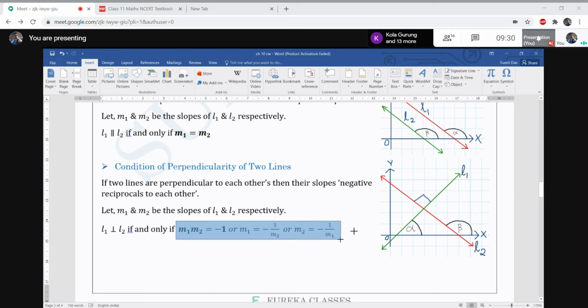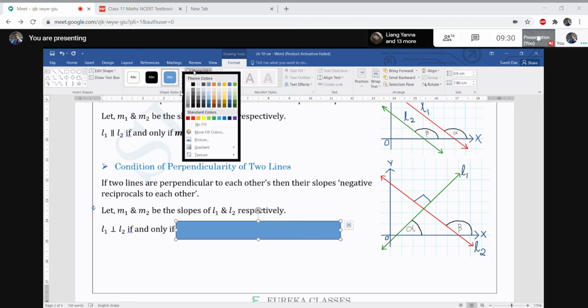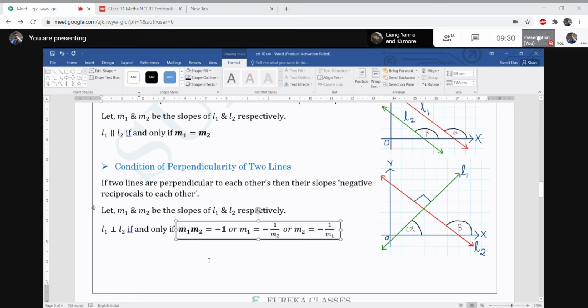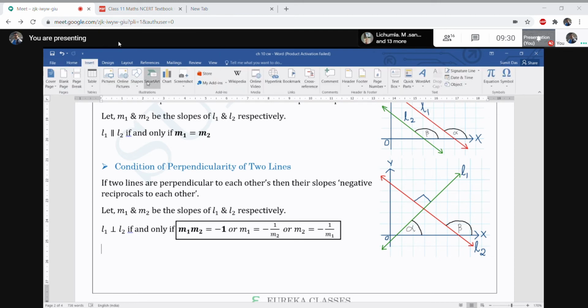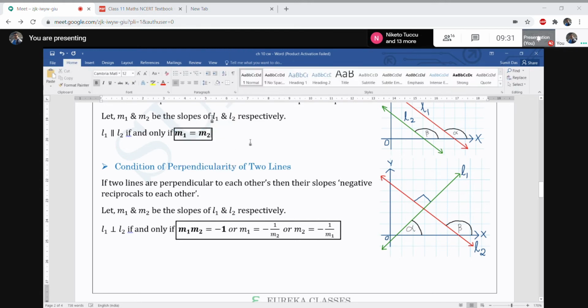So this is the condition for perpendicular lines: multiply their slopes, and the product will be equal to -1.